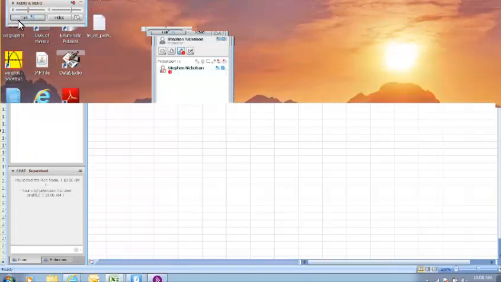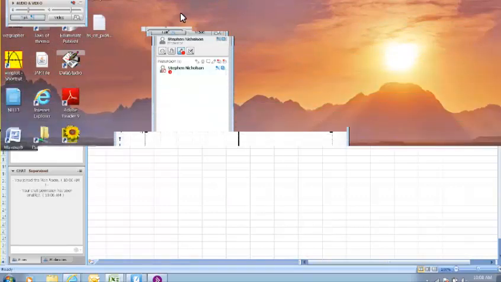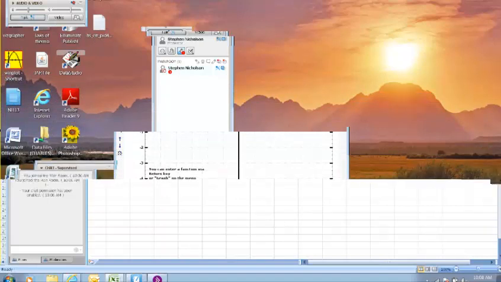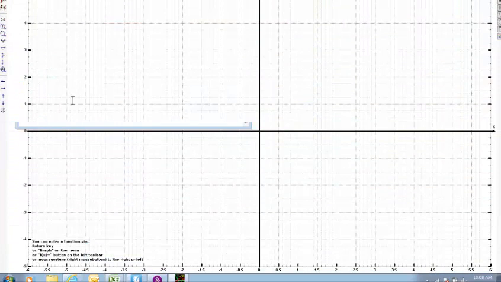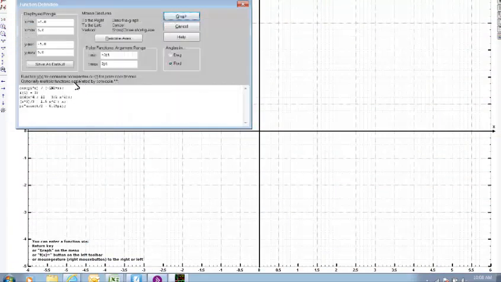Yeah, there it is. And you can do parametric equations in here as well. You just have to use t as the variable. In this case, the equation has theta, but theta is just a parameter, so it doesn't really matter.